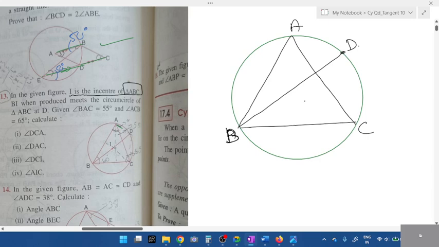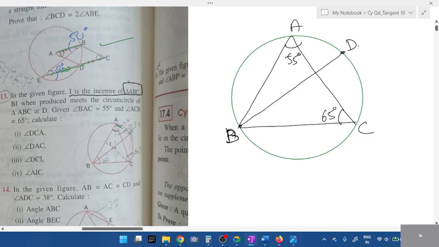Angle BAC is 55 degrees. Angle ACB, how much is ACB? ACB is 65. How will you find angle B, students?